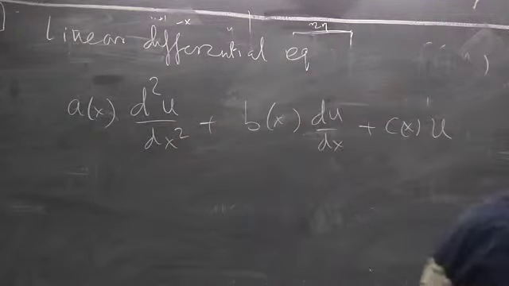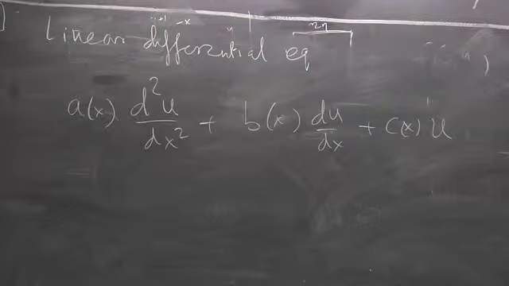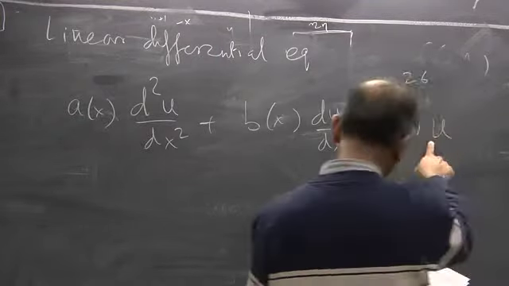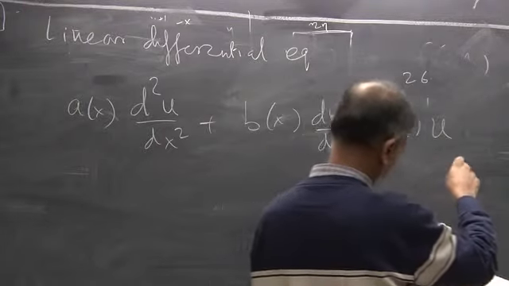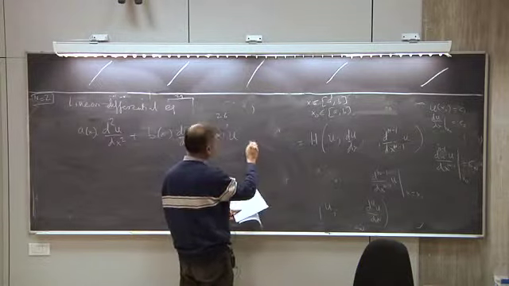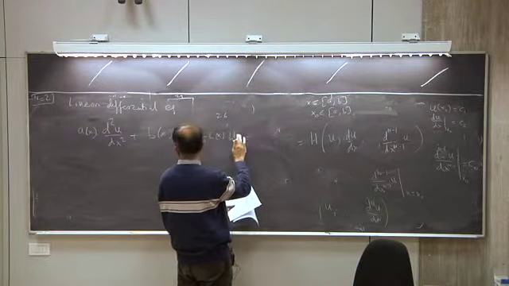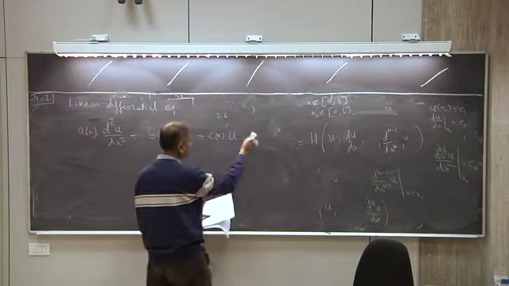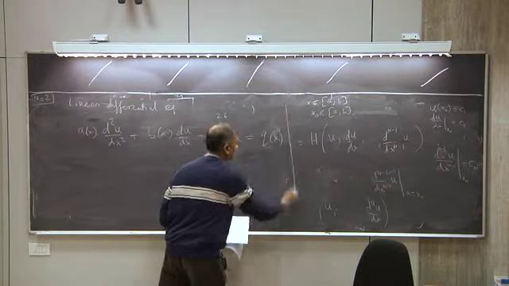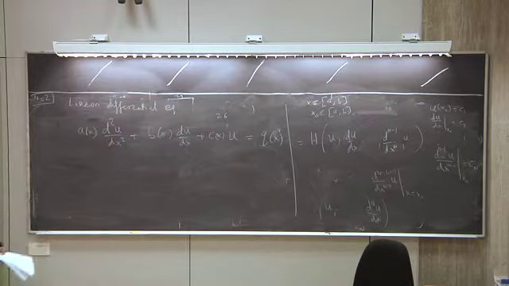I think there's a misprint, by the way, in equation 2.6, the u is missing. Equal to, so u is a function of x, of course. u is the function which you need to determine, is some q of x. So this is the most general linear second order differential equation.